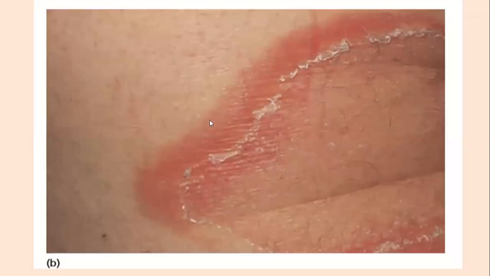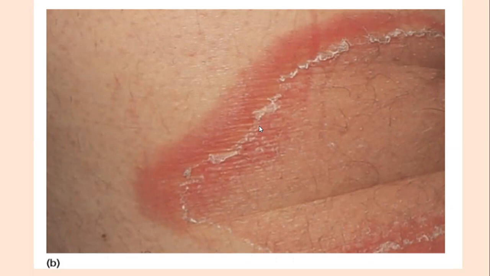This is what is called the scale trailing behind the advancing border. The border extends further and scale is left behind. You should remember this appearance because it is seen in most of the annular erythemas.